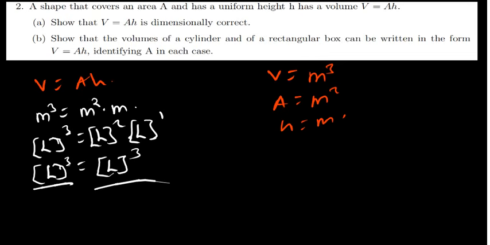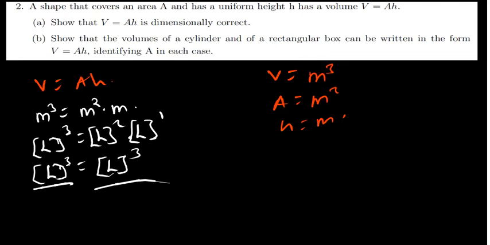Okay, cool. Question B is saying show that the volume of the cylinder and a rectangular box can be written in the form of V is equal to AH, identifying A in each. What are we supposed to do here?